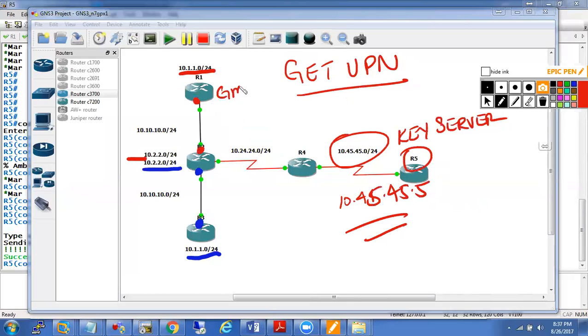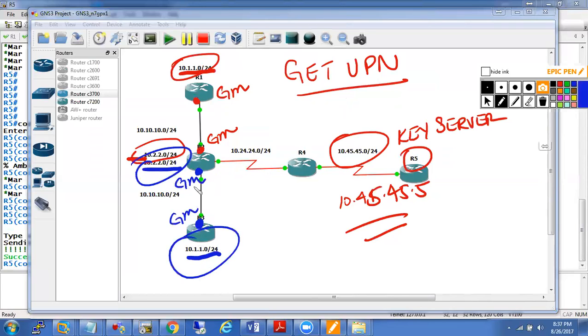R1 is a group member to encrypt traffic from 10.1 to 10.2. R2 is a group member to encrypt traffic from 10.2 to 10.1. So I have two VPNs.